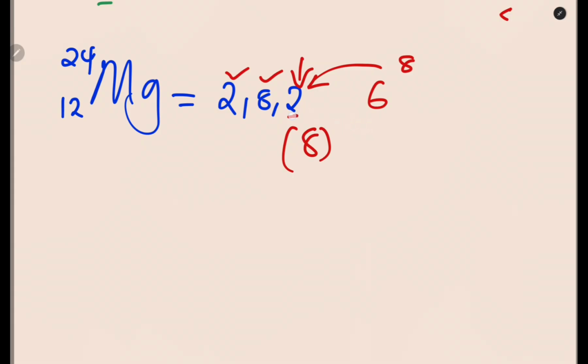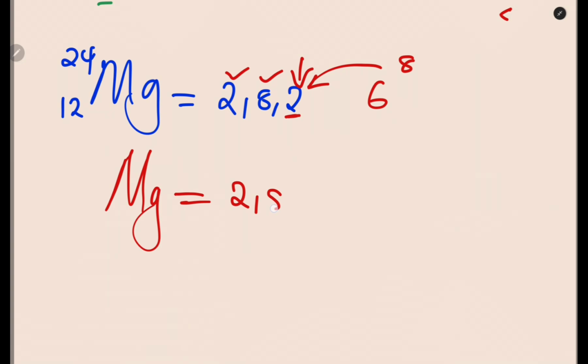It is easy to lose 2 than to gain 6. So the atom will use less energy to lose 2 than to gain 6. So it is going to lose 2 electrons. And therefore the magnesium ion configuration is going to be 2, 8.